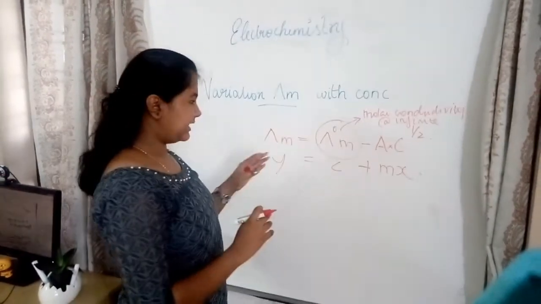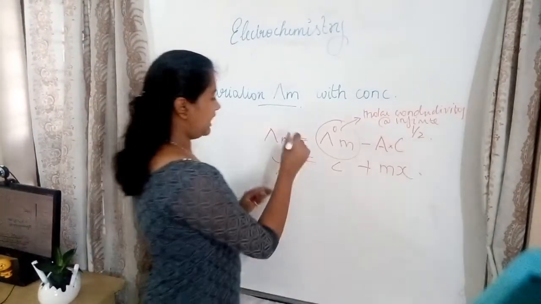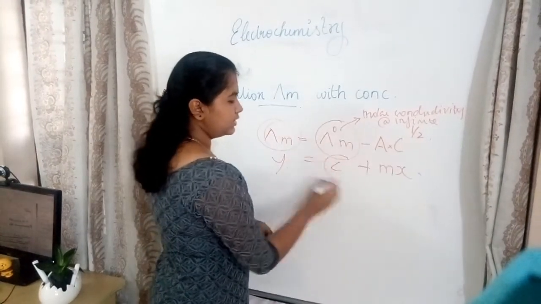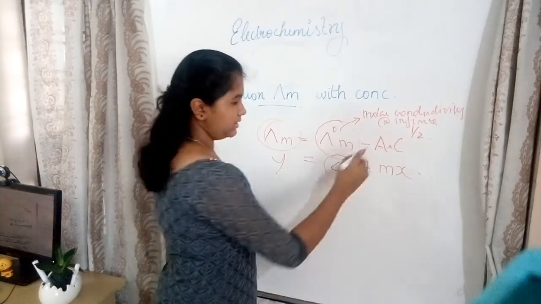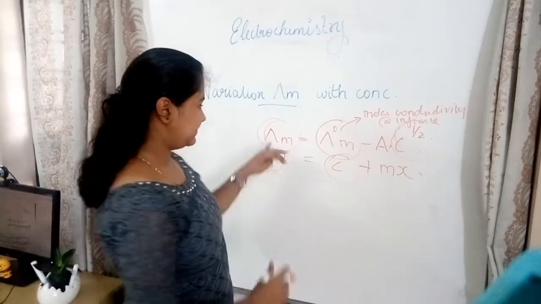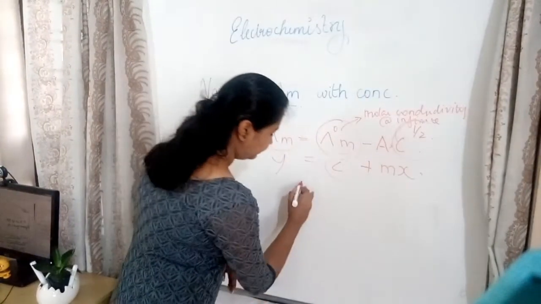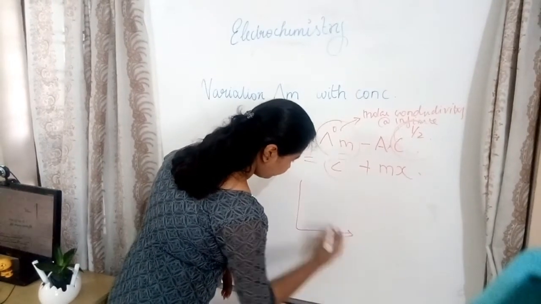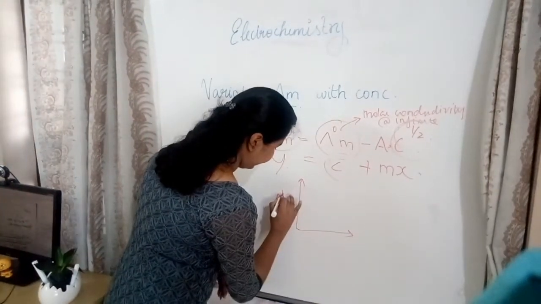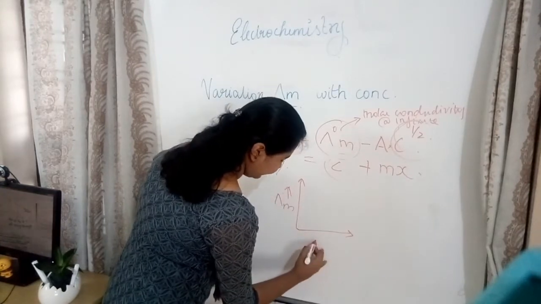Now for strong electrolytes, we will draw a graph with lambda m on the y axis and c raised to half on the x axis.